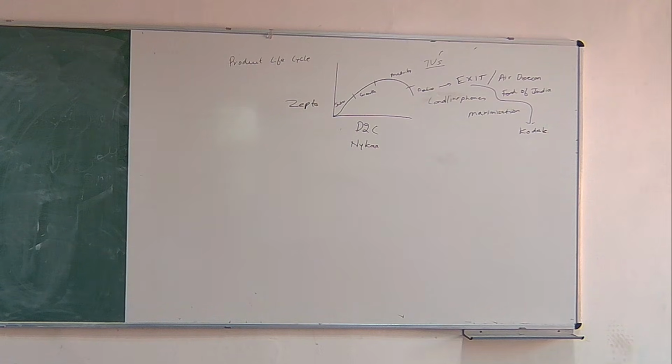No more marketing support will work. My product is dead. It's better to cut my losses and invest that marketing effort and money somewhere else. Right? So there's again a bunch of examples in product life cycle. So just keep the life cycle in mind.